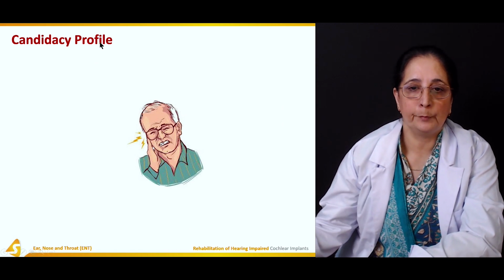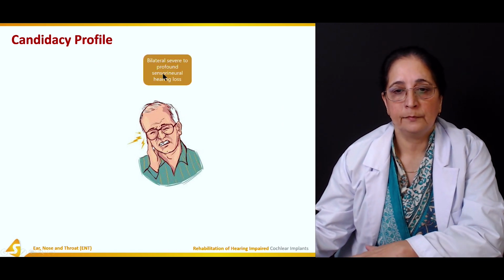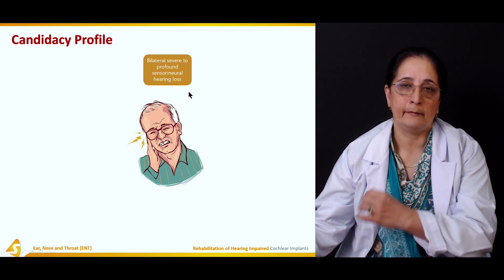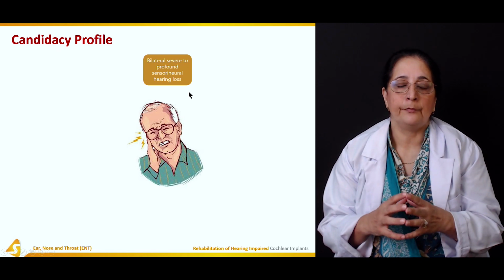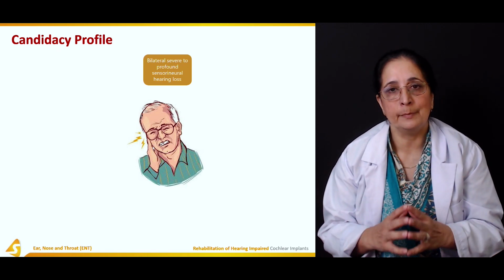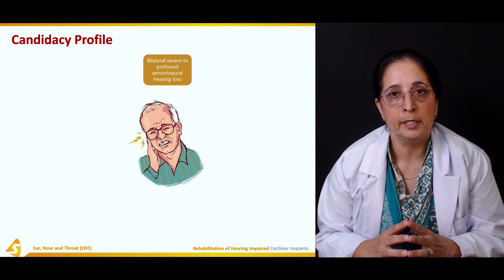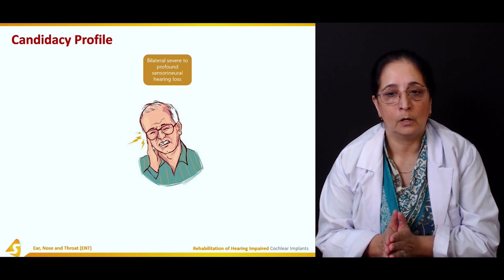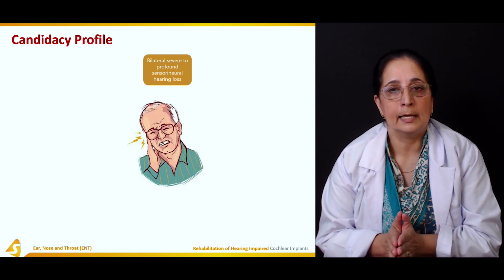Next, the candidacy profile is for bilateral severe to profound sensory hearing loss. So cochlear implants are mainly for the sensory neural type of hearing loss, which can be unilateral or bilateral also.